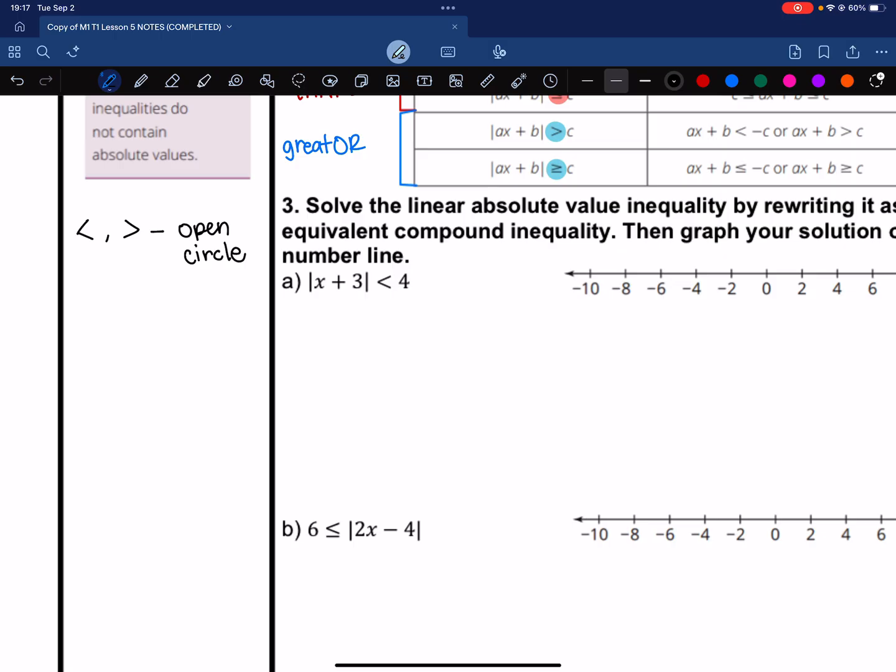No line, open circle. Okay? If you have the inequalities with the or equal to, when you plot the point, you will have a closed circle. Okay? So as we go through, that's why we're going to have the inequality signs and the open and closed circles that we have.